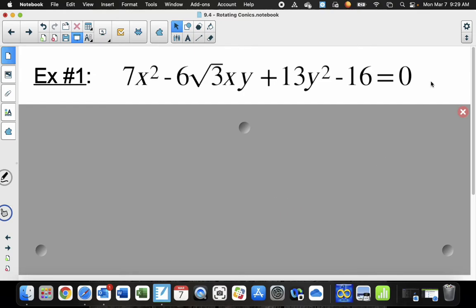And here is your first example that we're going to take a look at. So here's your first equation that you've had that does have an xy in it.